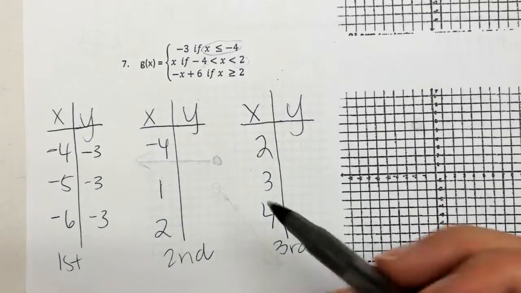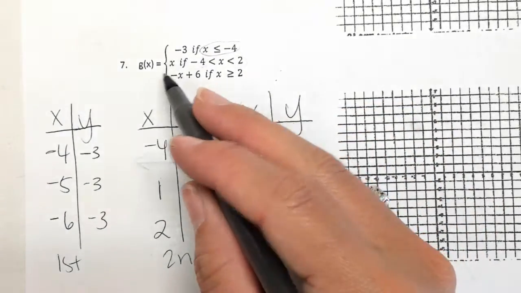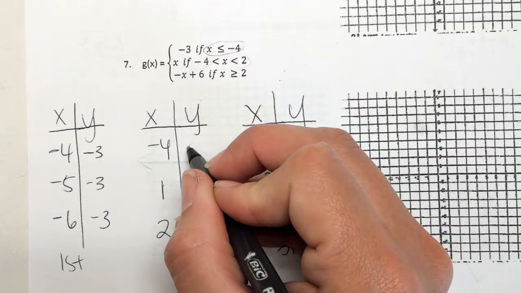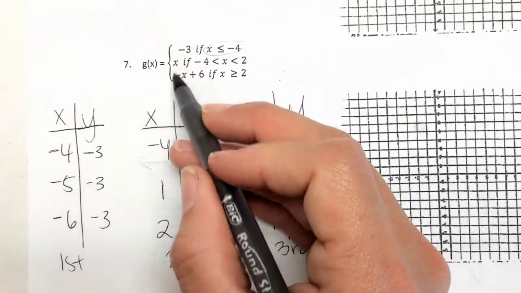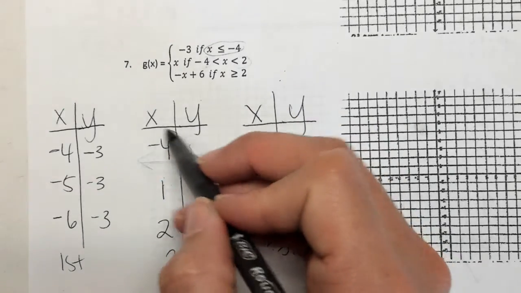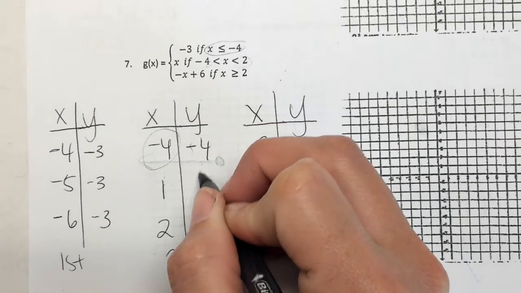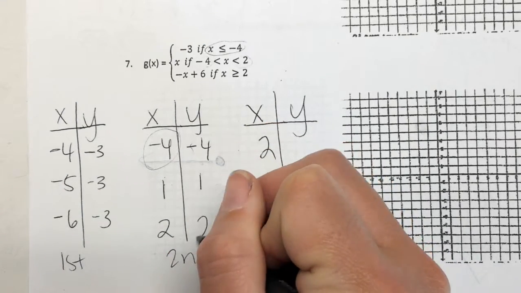Then for my second piece, I'm plugging these in for x. So Toby, tell me my 3 y values. So when I plug -4 in for the second piece, I'll get what? And the next one? 1. Next one? 2. Good.